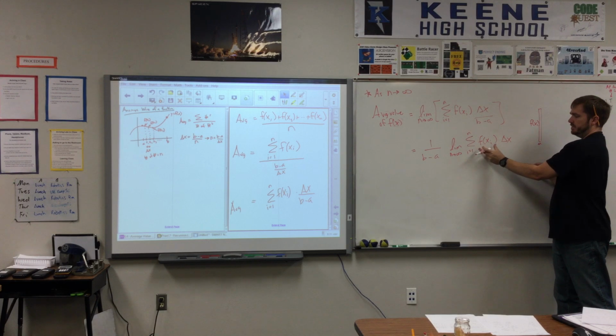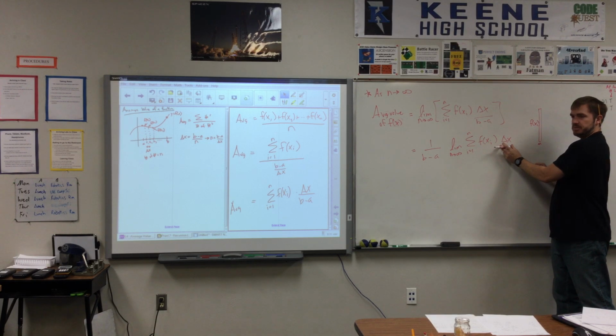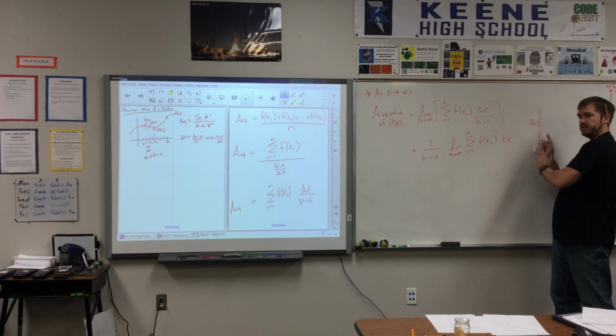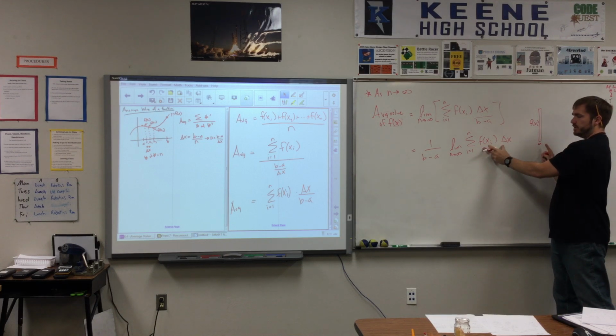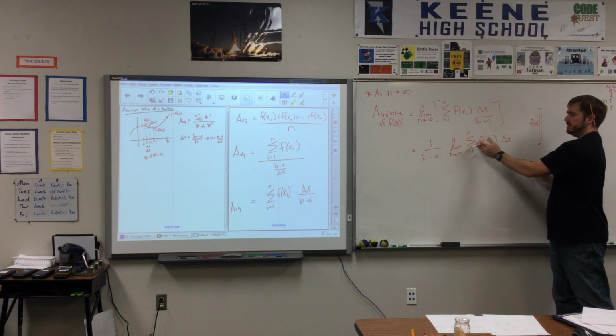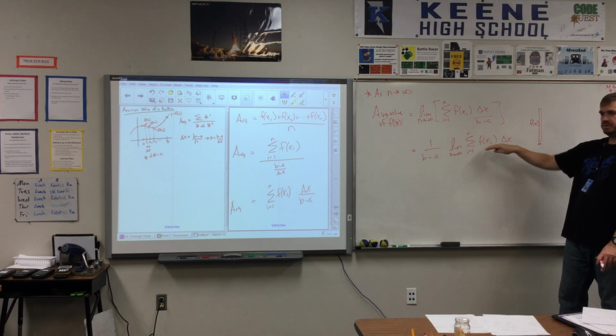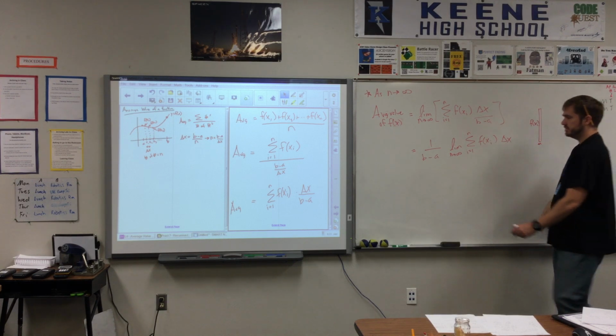We're adding up the height times the base. That's the area of one of those little rectangles. And we're saying, what's the limit of the sum of all of those? Well, we have a mathematical formula for that, for the limit of a sum.